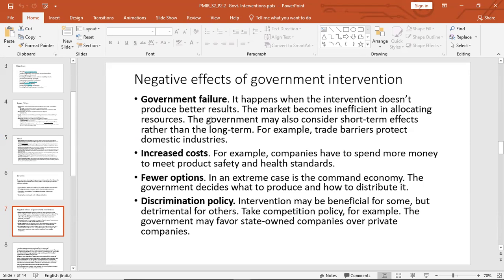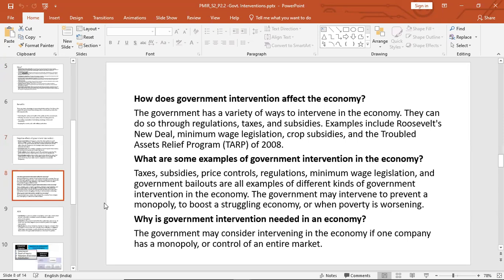So this is we discuss the negative impact of government intervention. Then also we discussed few questions of government intervention.